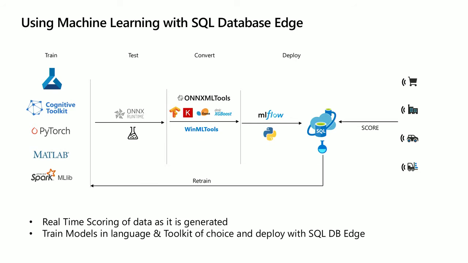Convert that into an ONNX format and push that model to SQL DB Edge and run that model and do scoring on the edge, right? And I'll show you a demo of how we are using Azure ML, or Azure AutoML in this case, to train a model, convert it to ONNX, and deploy it to SQL DB Edge, and be able to do predictions or scoring on the edge itself on this Raspberry Pi device, which we just used.